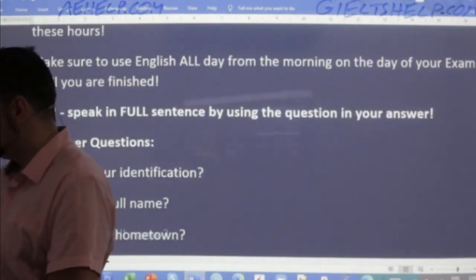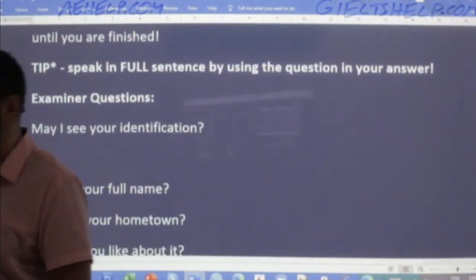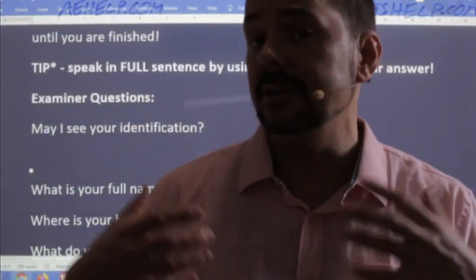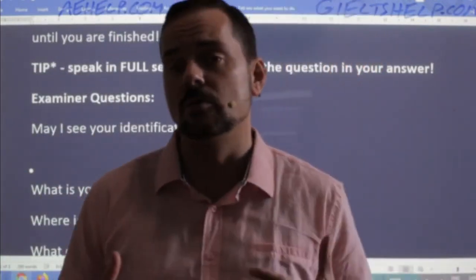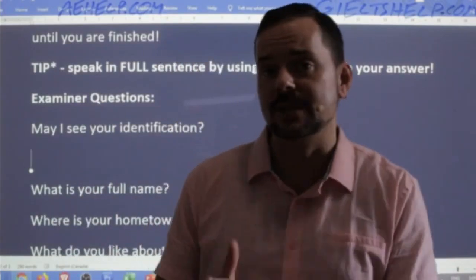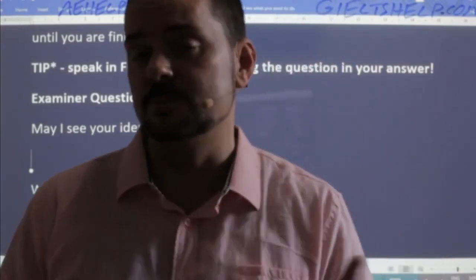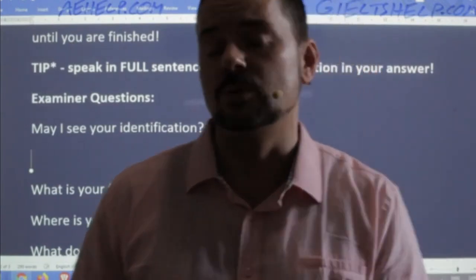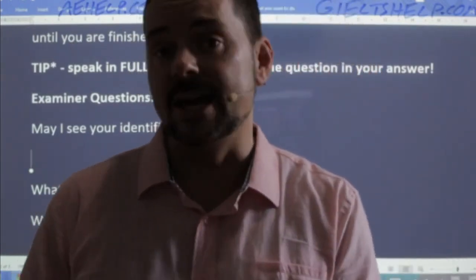So you go into your IELTS speaking exam and you have to get there 30 minutes early, okay? So when you register, it will say be at your exam 30 minutes early. So if let's say that your speaking exam is at 10:30, then the instructions will say get to your exam at 10 o'clock.